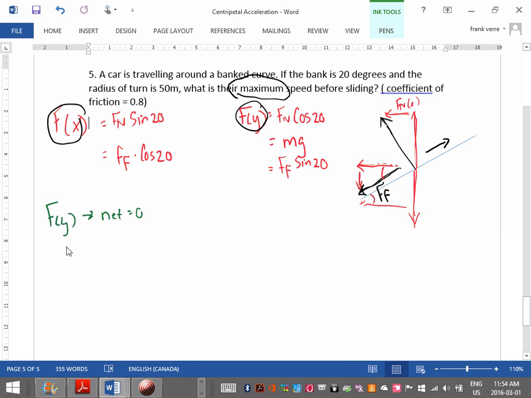So 0 must be the sum of, well, okay, which two forces are acting down? These two are acting down, and this one's acting up. So we'll say this. We'll say the normal force times cosine 20 minus the weight of the object minus that vertical component of friction. So, does that make sense so far?